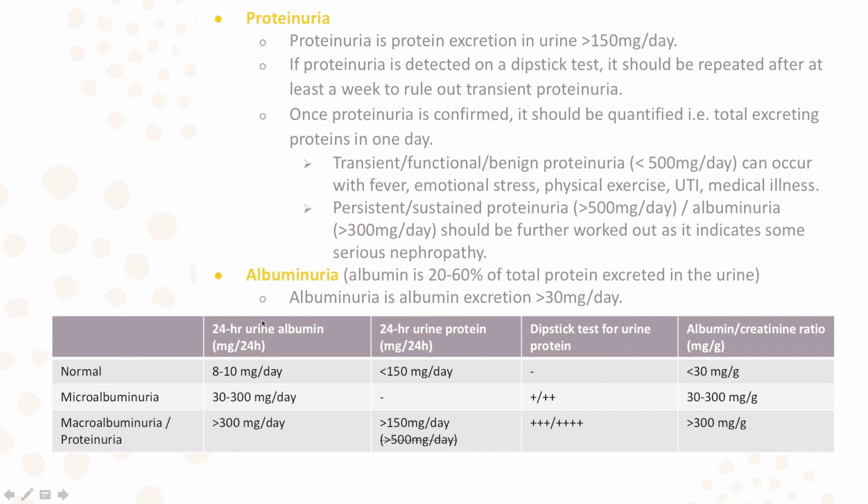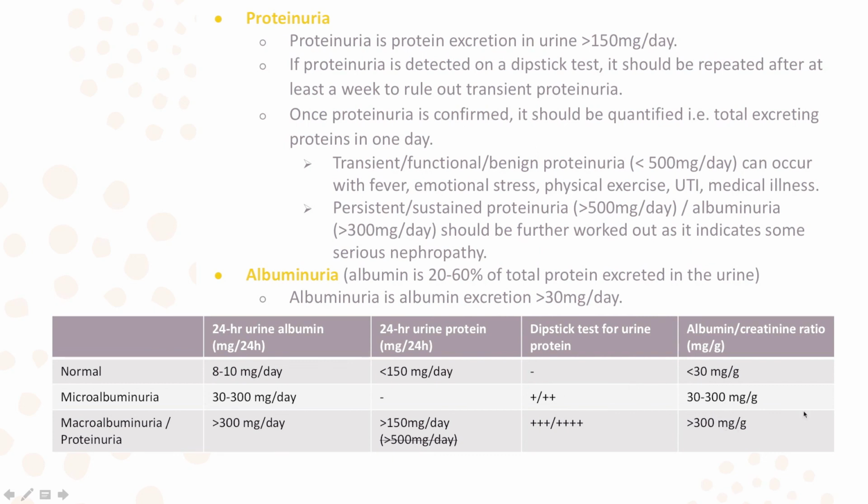When the urine protein is confirmed by dipstick examination, that is macroscopic examination, we quantify it by the 24-hour urine albumin and 24-hour urine protein test, right? The albumin to creatinine ratio in macroalbuminuria is greater than 300 mg per gram, right?